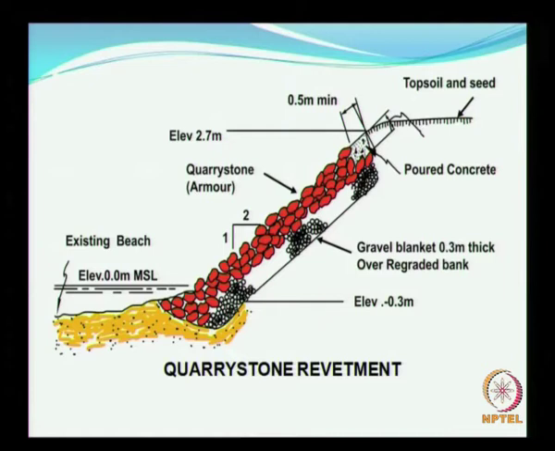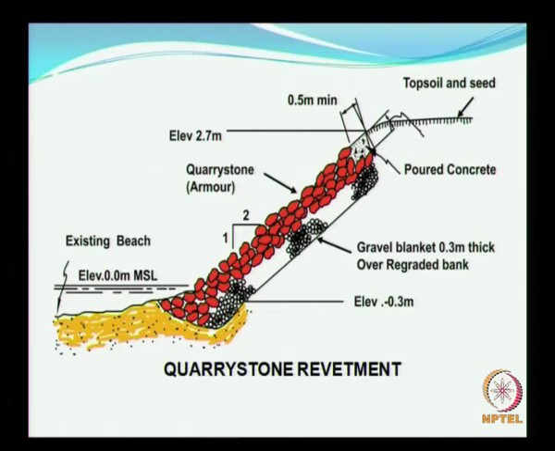If you do not have anything like this, some geotextile with a filter layer and small quarry run stones here, what would happen, particularly during the monsoon, as I said earlier, is that the water can get drained here, and then this will become very loose and the entire structure can collapse.